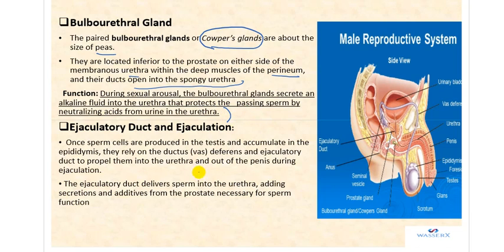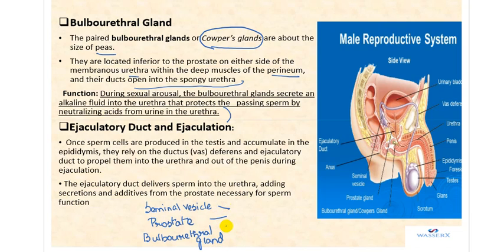So basically, the seminal vesicle, prostate, and the bulbourethral gland together release three kinds of fluids, right?